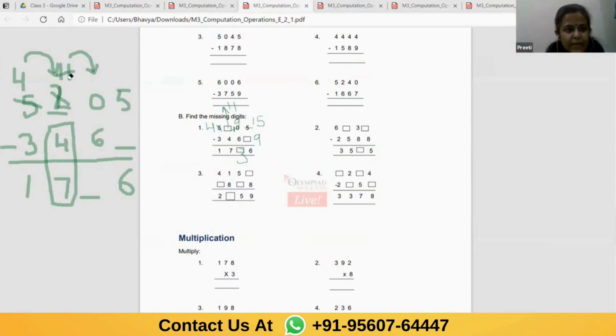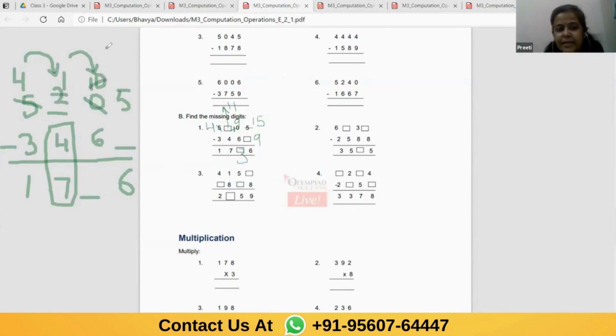Ruk jao. 1 second. Wait, I'm writing it again. Children, from this blank space, I have to give borrowing to 0 so that it becomes 10. So whatever number is there in the blank space, I will reduce that number by one. So if I say 2 is here, then this 2 becomes 1 and this 0 becomes 10.